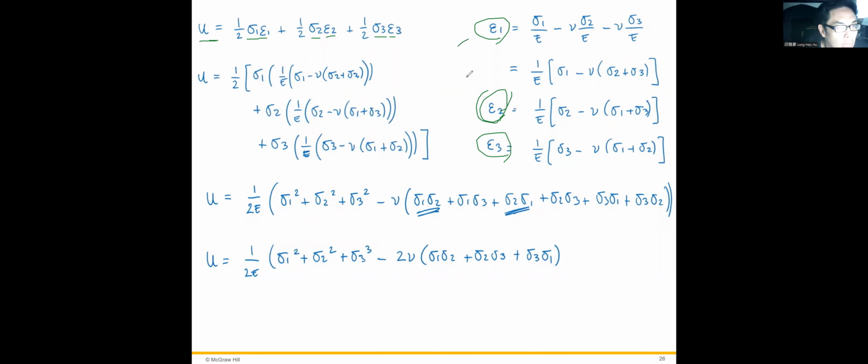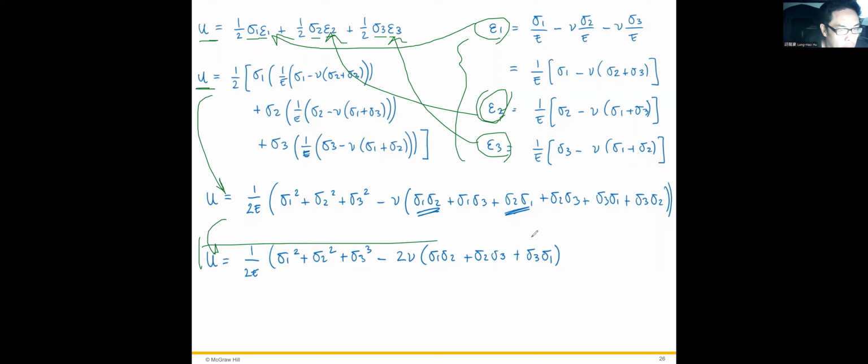I think it's quite a basic idea of materials mechanics. Then we can plug those strains in here, here, here, rearrange this equation, and expand it, and we get this result.